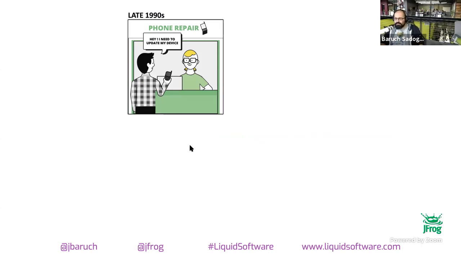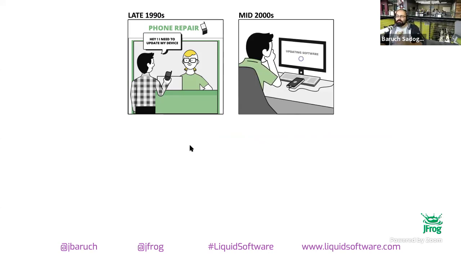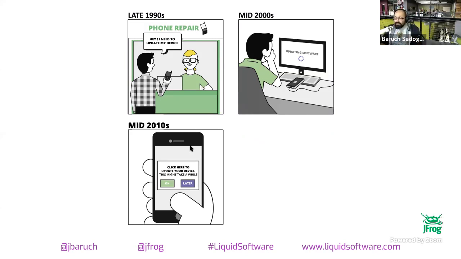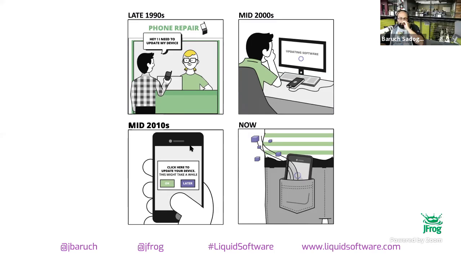And this satisfaction dramatically changed. Something that was applicable in the late 90s, something that was acceptable in the mid 2000s, something that we are dealing with now, won't be acceptable in a very near future.